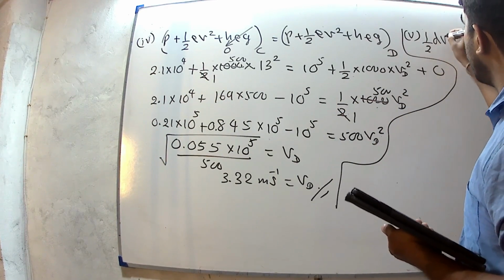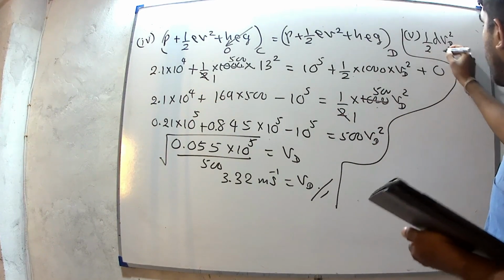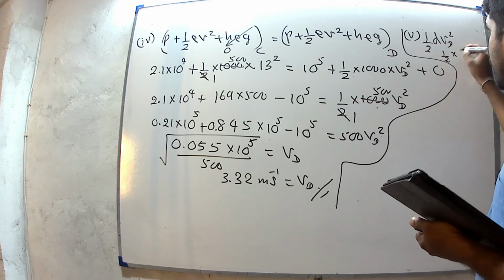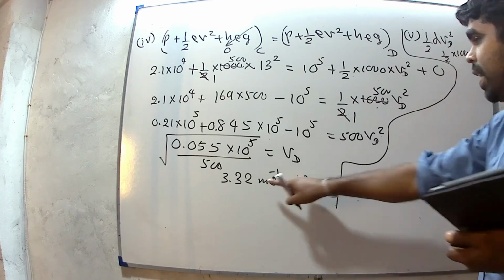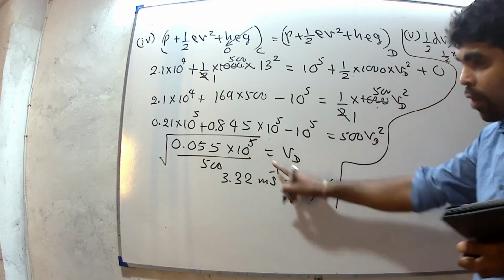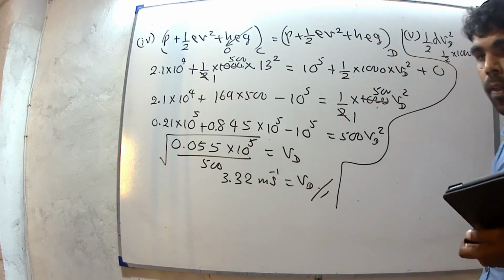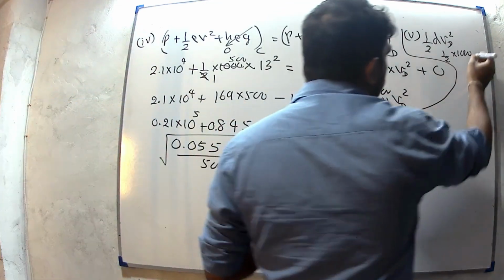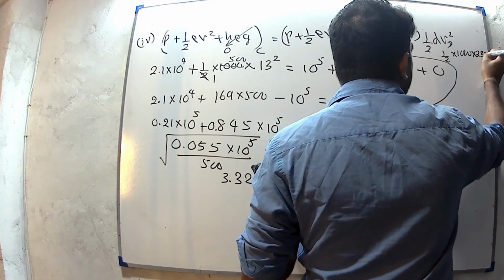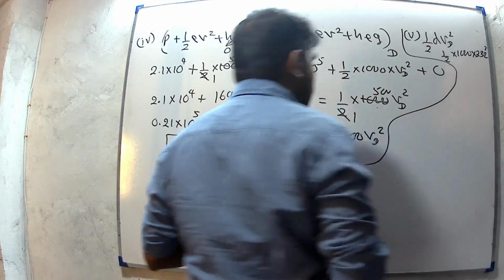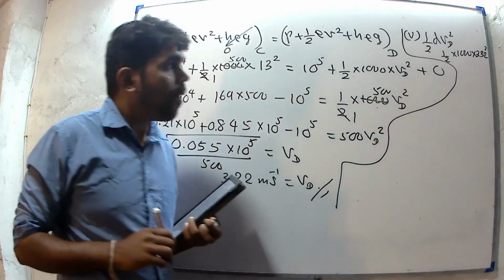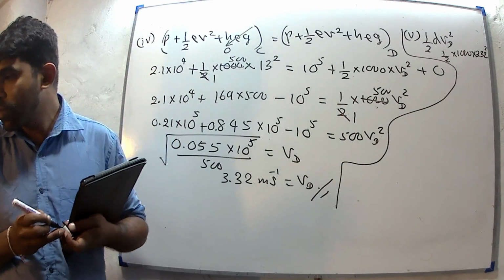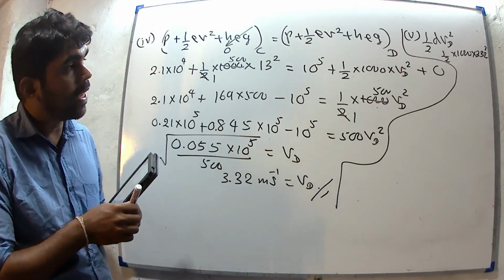Half rho Vd squared. Half density of water 1000, Vd squared means square of this term, 3.32 squared. Then we can simplify it.